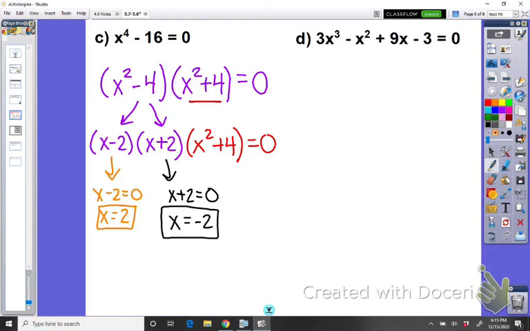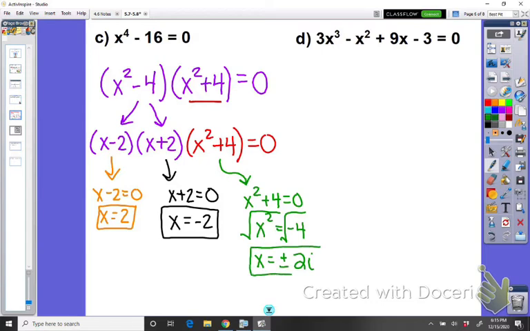And then finally at the end, if you set x squared plus 4 equal to 0, you have to subtract the 4 over to the other side first, so you get x squared equals negative 4. Square root both sides. Square root of 4 is a 2, square root of a negative is an i, and then you need plus or minus.